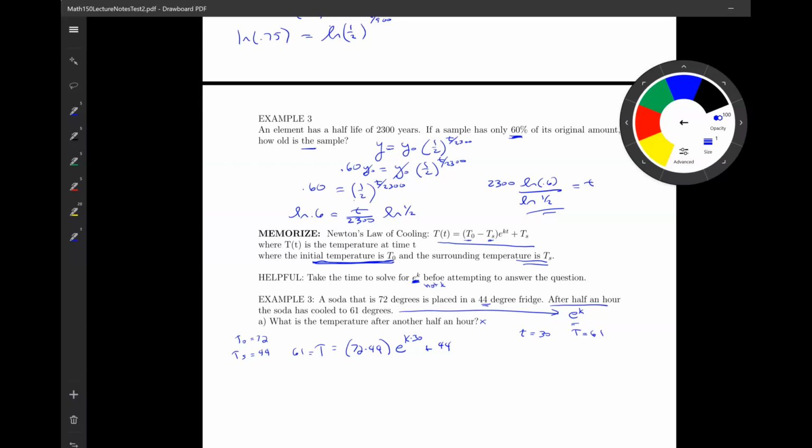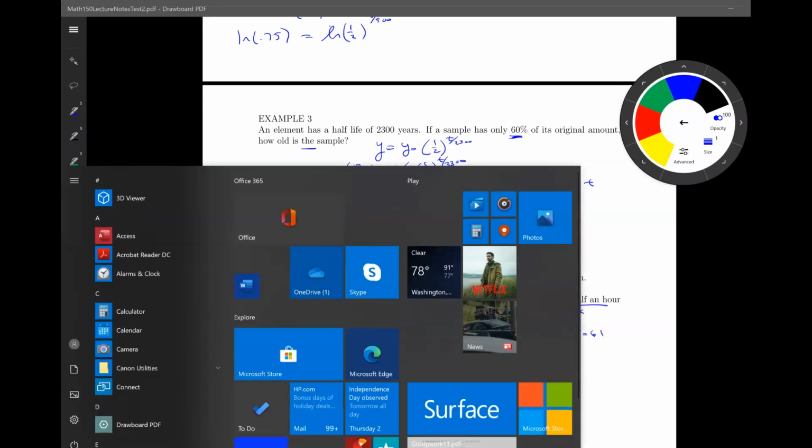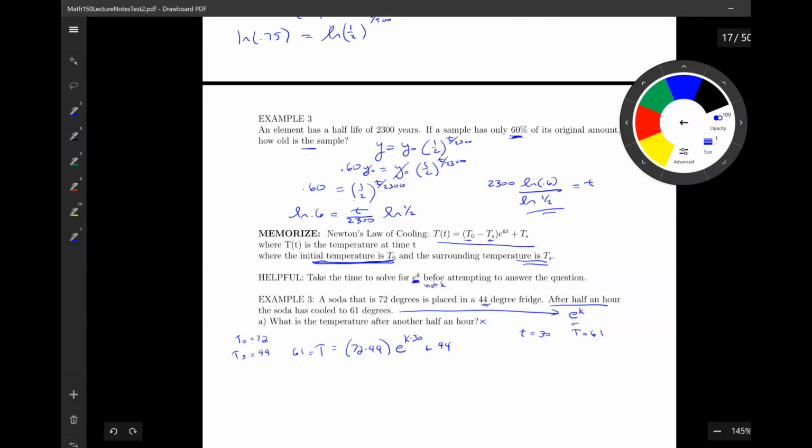Doing some arithmetic, 61 subtract 44 gave me 17. And this is 28 e to the k times 30. Then I'm going to divide, and I'd prefer you not go figure this out, just leave it like this.